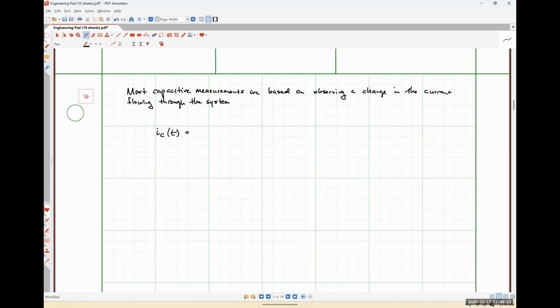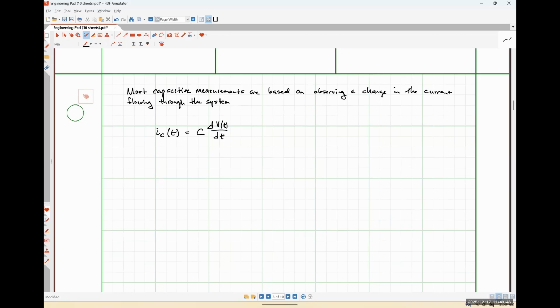It hurts my heart that it's taking you guys so long. Derivative of the voltage, right? So C times the derivative of the voltage with respect to time. That's what we dealt with in circuits 1, circuits 2, circuits 3, and all of that kind of good stuff, okay?